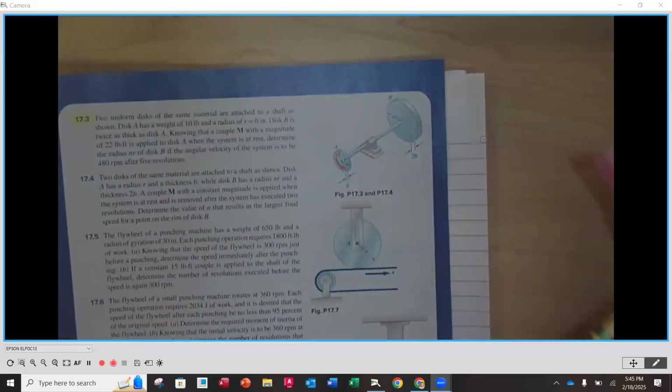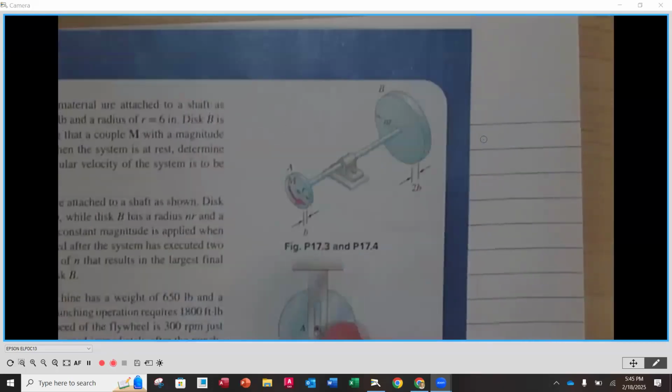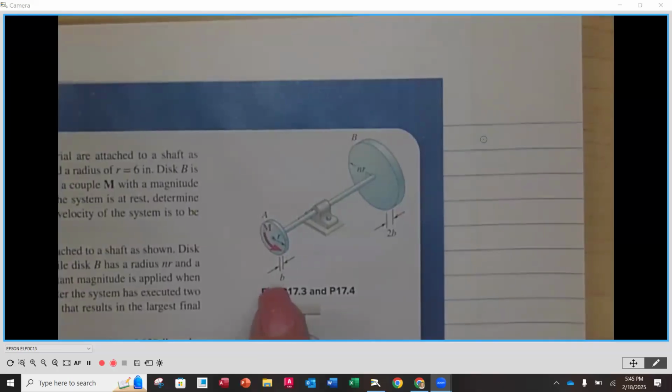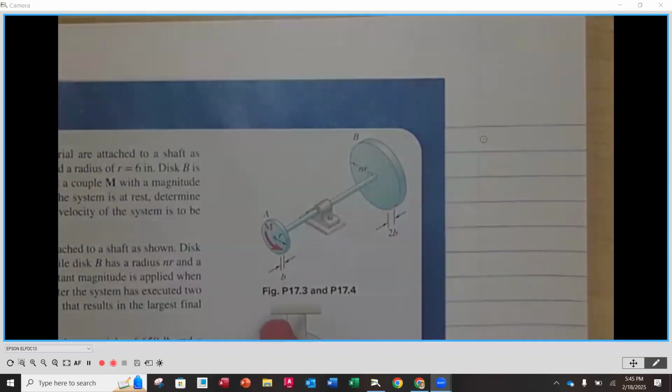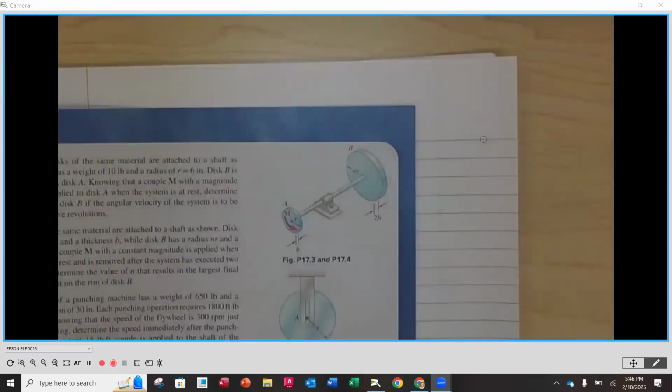Now, what they did, and I deviated a bit, so you can use your best judgment on how you want to handle this, is for the thickness of these discs, they used the variable lowercase b. We have uppercase B for the other disc. So what I chose to do, because I see this as a thickness, is call this lowercase t A and lowercase t B for the thickness of those discs rather than using b.